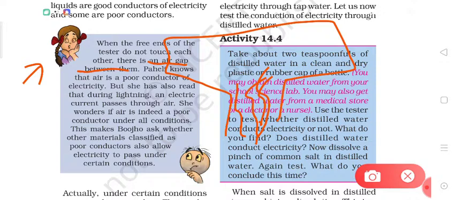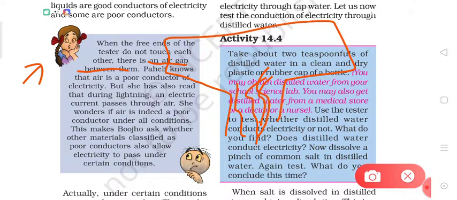So during lightning, air conducts electricity. That means certain materials may be good conductors under certain conditions, while they may be poor conductors under other conditions. So a particular material may be either a poor conductor or a good conductor under different conditions, right?